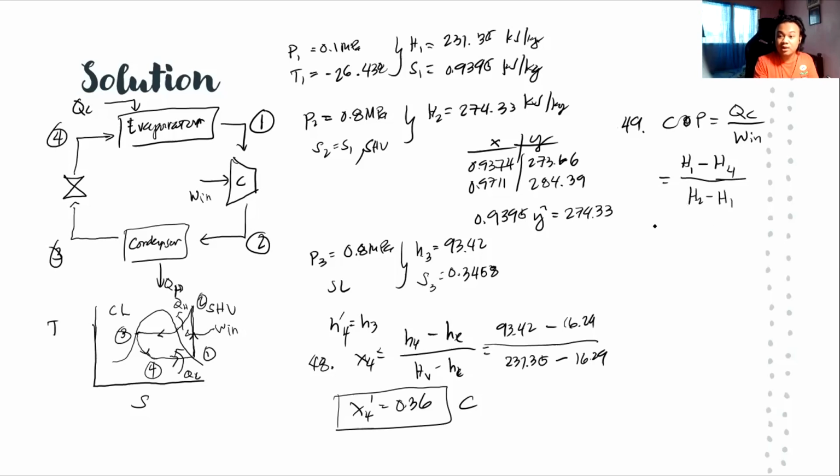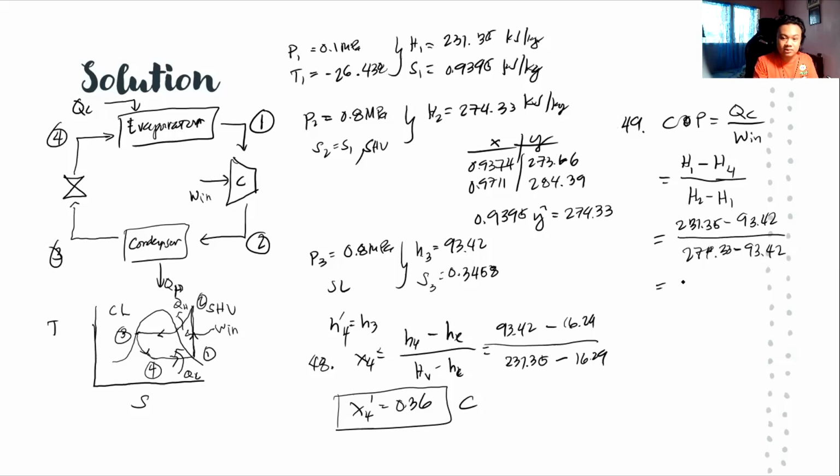We know H1 is 231.35 minus H4, we have 93.42, and then H2 we have 274.33 minus 231.35.